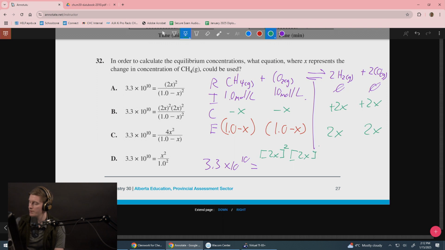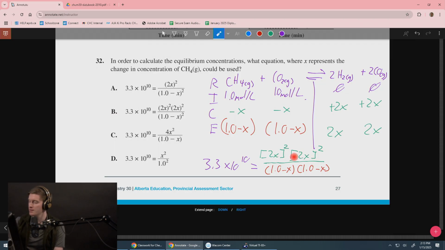So (2x) squared times (2x) squared, and then our concentration of our reactants on the bottom, which is (1.0 minus x) times (1.0 minus x). Now this doesn't look exactly like any of these, which requires a little bit of math understanding for how we can combine these terms.